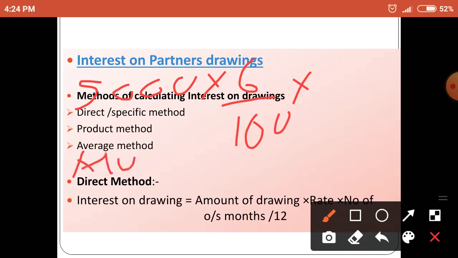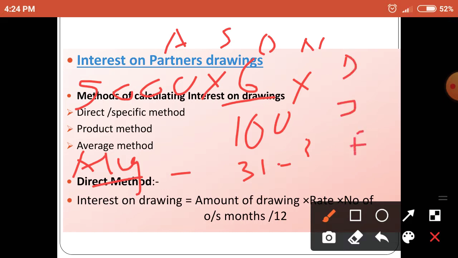From the date of withdrawal, August, up to the year ending, 31st March, you have to calculate the months. So from 1 August: August, September, October, November, December, January, February, March. How many months? 1, 2, 3, 4, 5, 6, 7, 8. So 8 months are outstanding.